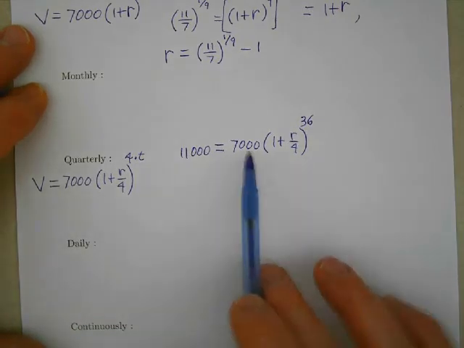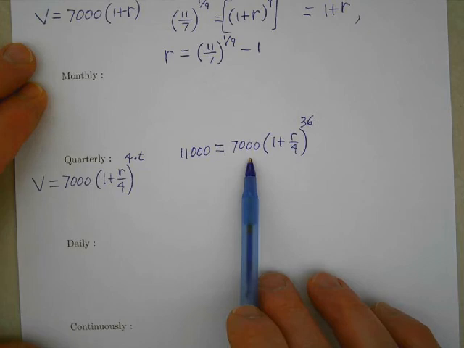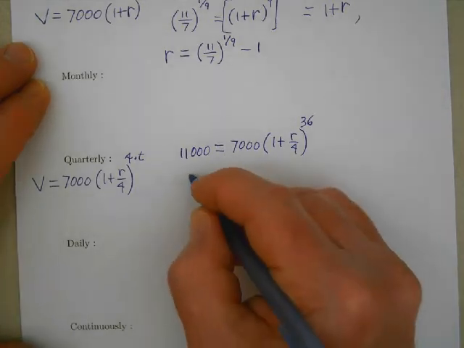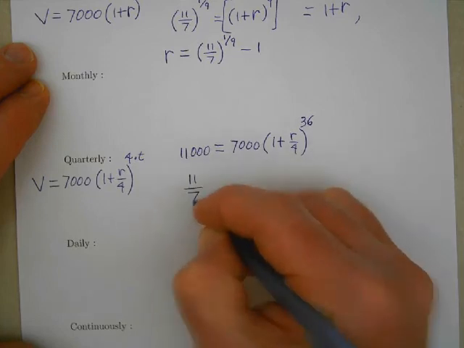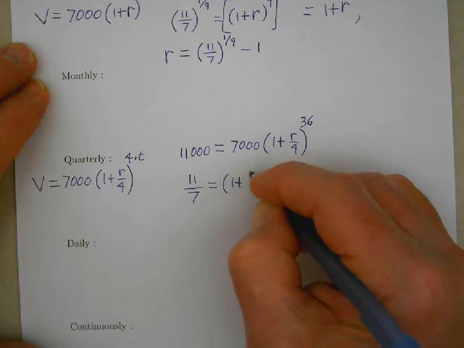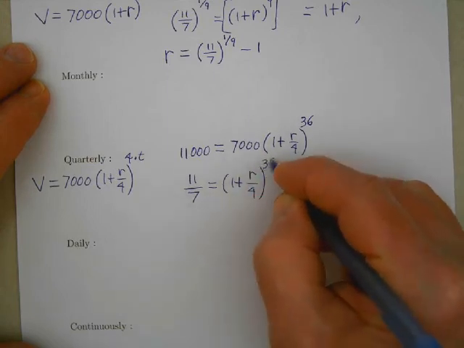So just like we did in the previous problem, we divide both sides by 7,000. 11,000 divided by 7,000 is 11 sevenths. So we get 11 sevenths equals (1 plus r over 4) to the power 36.